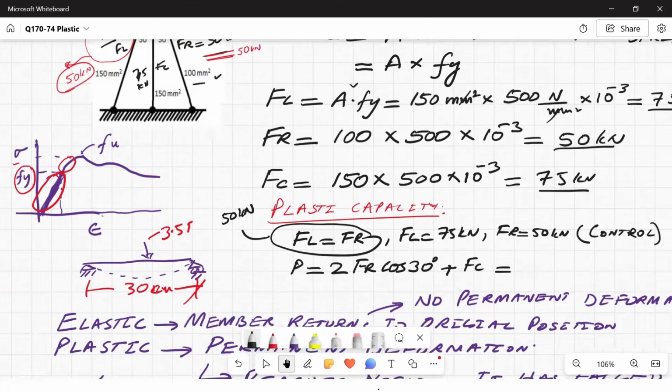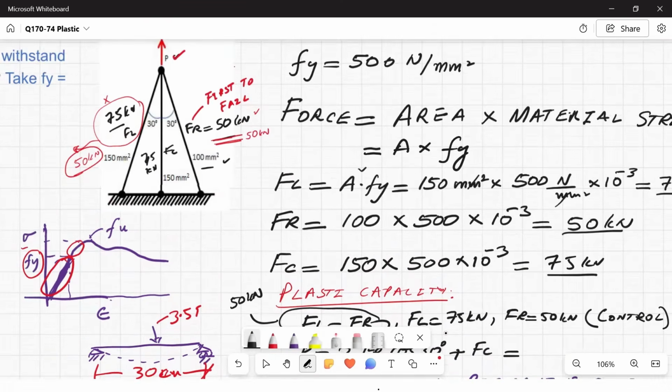Cos of 30 means that the adjacent, this angle is with the vertical, and cos theta is equal to adjacent divided by hypotenuse. So adjacent is this vertical component of the member, and hypotenuse is FL or FR.